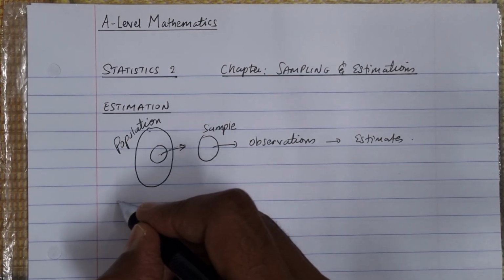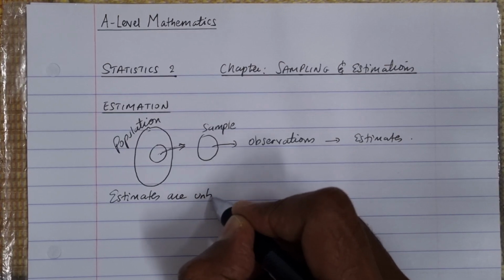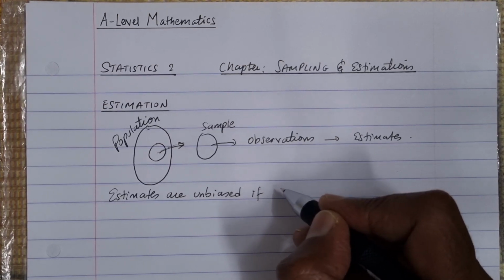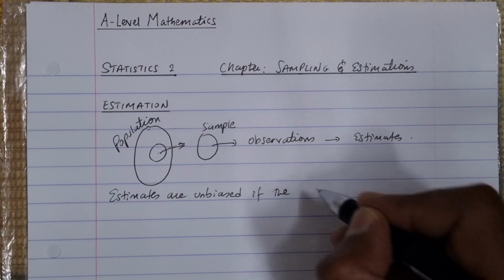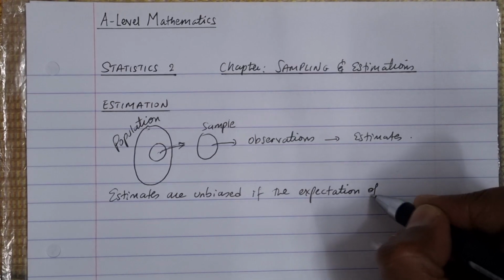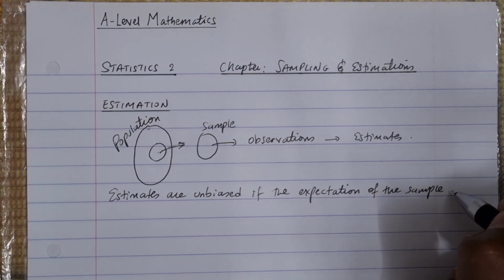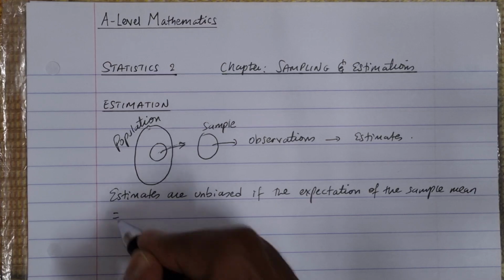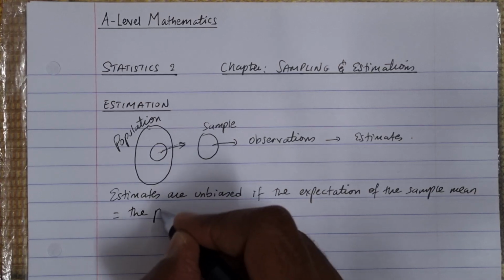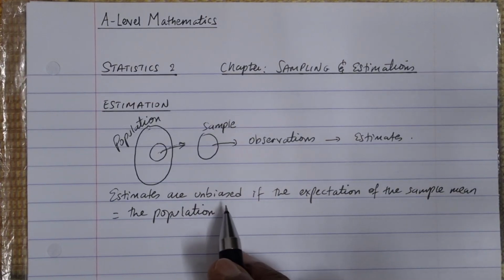Basically, estimates are unbiased if the expectation of the sample, and basically I'm talking about the sample mean, is equal to the population mean. So that is when estimates are basically unbiased.